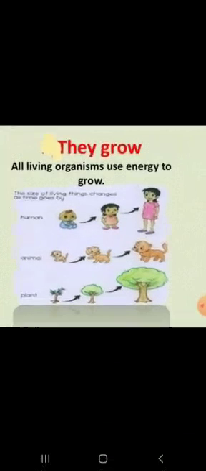All living things grow. All living things grow and go through a life cycle. Fine. Life cycle means a cycle that repeats again and again. For example, a cat gives birth to a kitten. The kitten then grows and becomes an adult cat again, which gives birth to a baby, which gives birth to a kitten again.